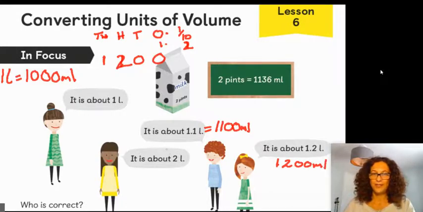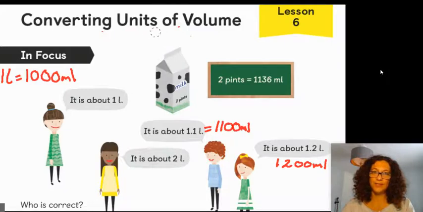How about 2 litres? Well, if we know 1 litre is 1,000 millilitres, what's 2 litres then? You're right. So 2 litres is the same as 2,000 millilitres.